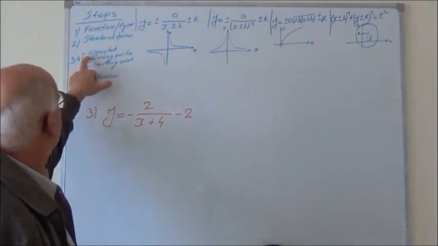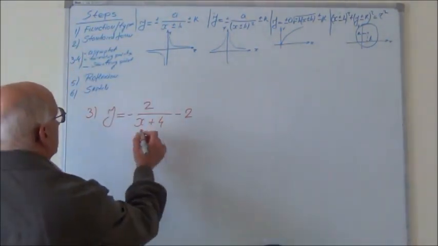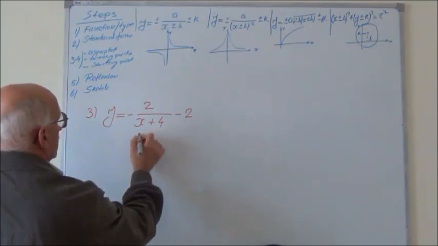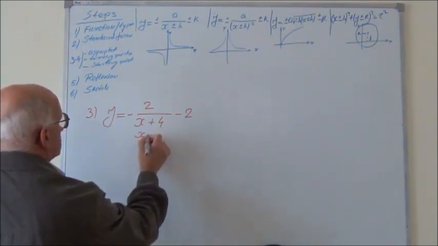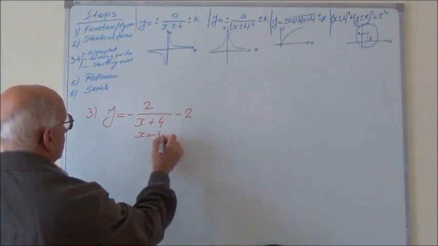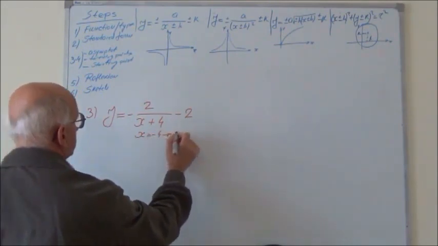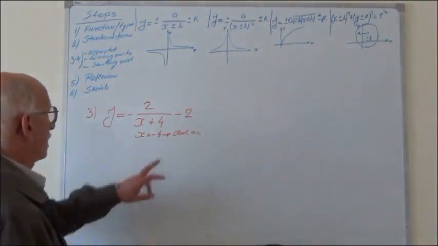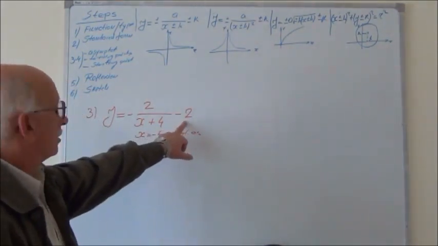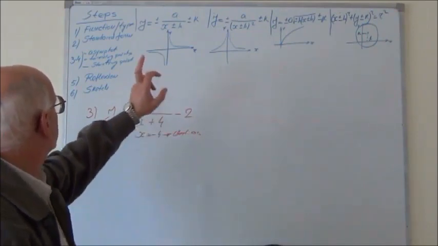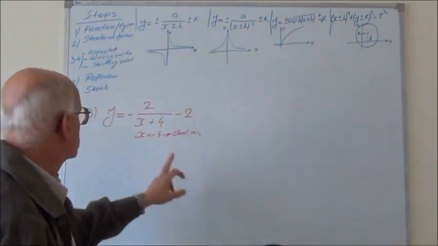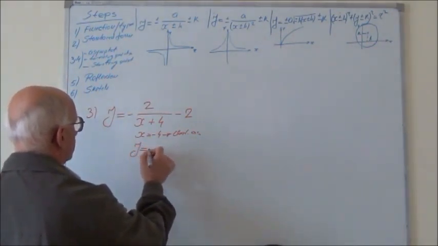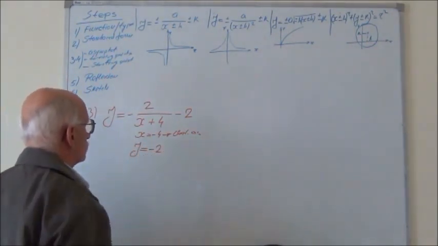Asymptotes for the hyperbola: we have a horizontal translation of 4 units to the left, so the equation x equal minus 4 will be the vertical asymptote. Vertical translation 2 units down, so we are talking about a horizontal asymptote, and the equation of the horizontal asymptote is y equal minus 2.